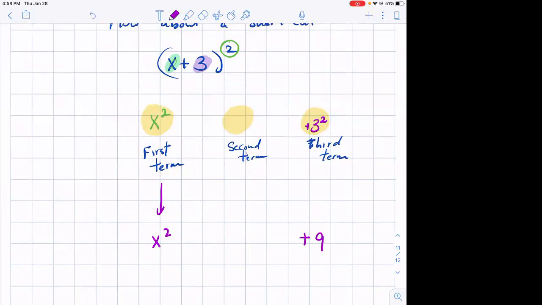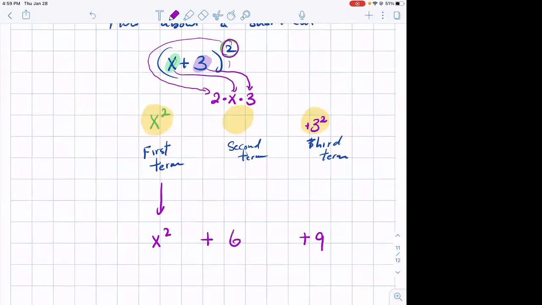The question is, how do we get the middle term? To get the middle term, you take this 2 and you multiply it by the first term times the second term. So this 2 is here, the x is there, and the 3 is there. They're all positive. 2 times x is 2x, times 3 is 6x.